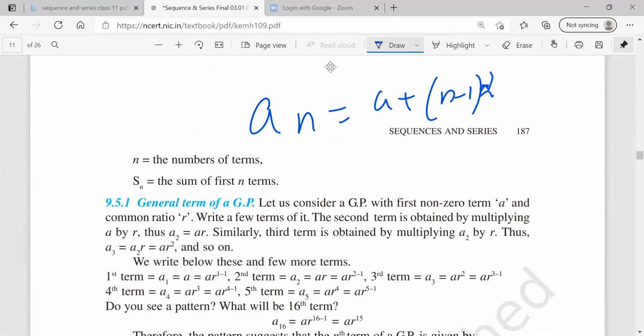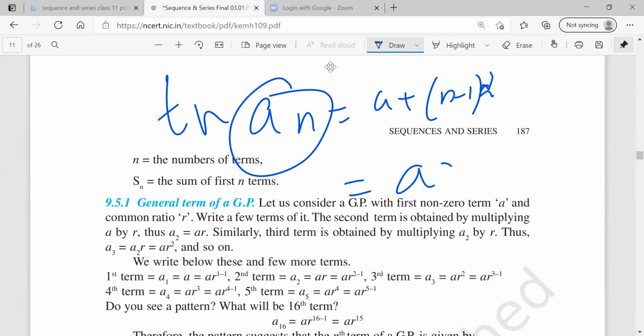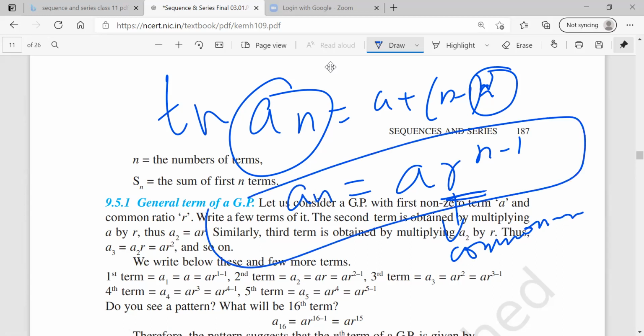In geometric progression, an is the last term, or you may have heard tn, the last term. Here it is nothing but a r power n minus 1. What is r? Common ratio. In arithmetic progression we got d, the common difference. Here it is r, the common ratio. So an is equal to a r power n minus 1. That's it. It's a very easy formula to remember and very easy to do also.